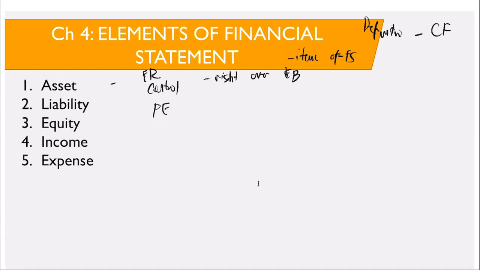Therefore, under your 2018 Conceptual Framework, what changed? In your 2010 framework, it explicitly tells you that there must be a flow of economic benefits. Again, in 2010, it's a resource controlled, resulting from past events, and the flow of economic benefits is directed to the entity or expected to flow to the entity.